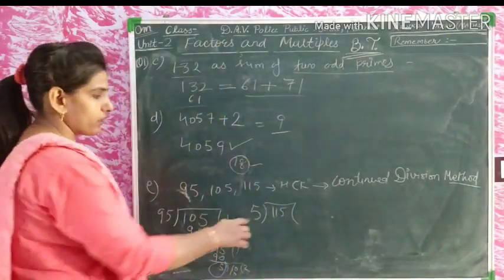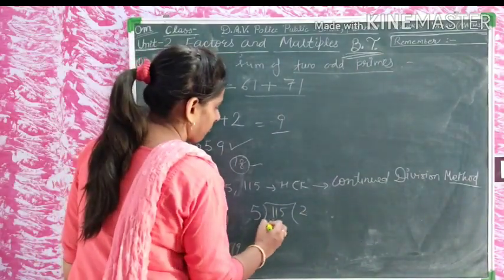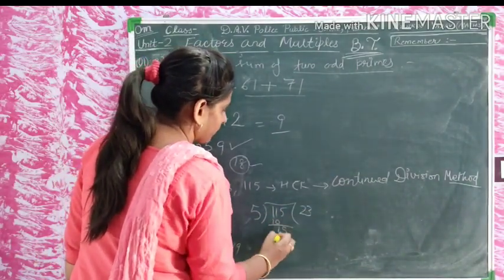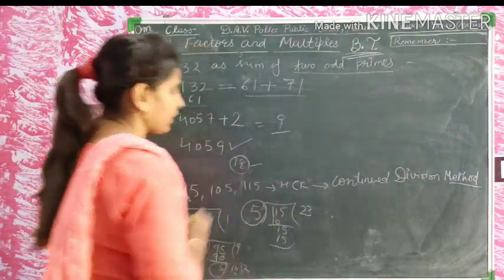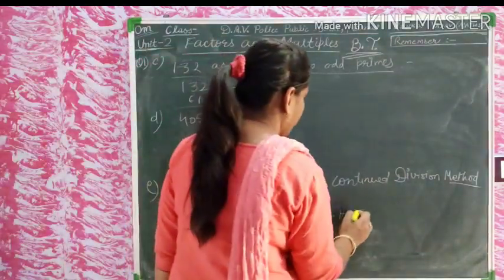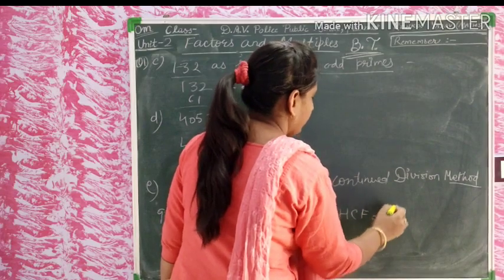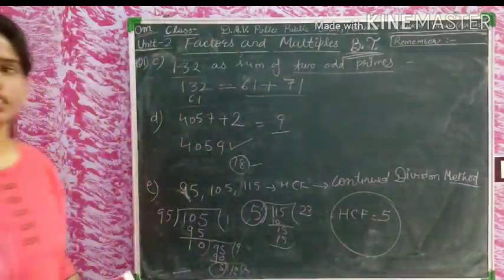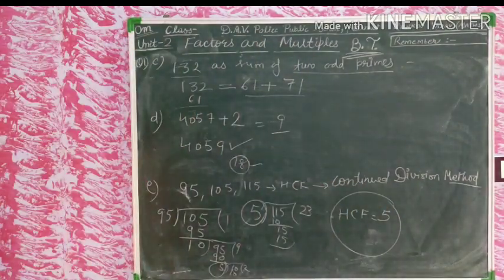It will be divided by 5, 5 to the 10, and 5 to the 15 here. Now the final answer by the continuous division method is that the HCF is equal to 5. It's completed. This is part E. We had to find the HCF.